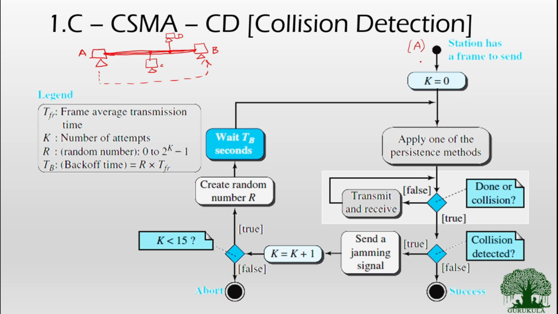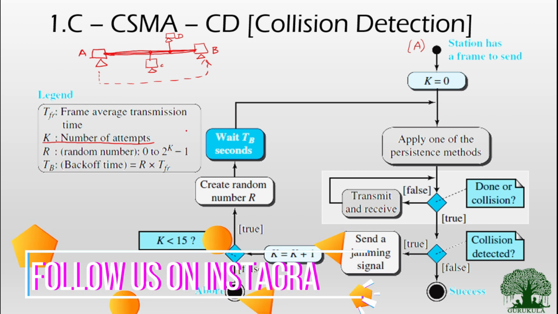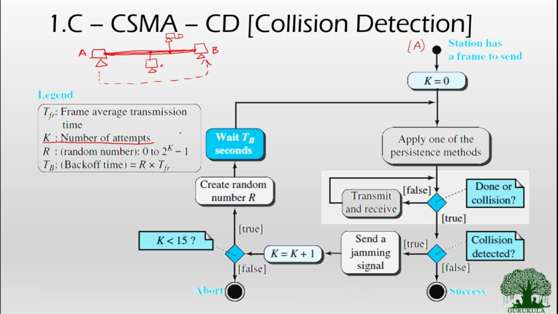The transmitting station first of all initiates a value k equals 0, where k is the number of attempts. We must have a hard limit on the number of attempts a station should try before sending a frame, because there is no point attempting again and again on a network which is permanently down. So the maximum number of attempts should be predefined before transmitting.